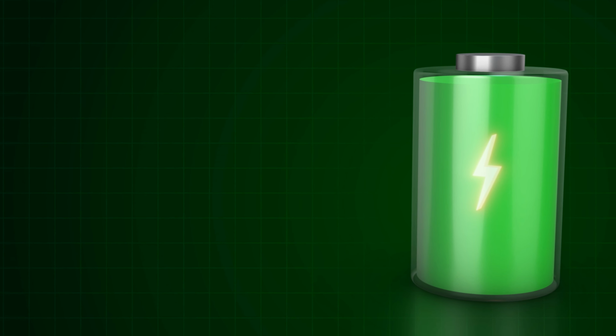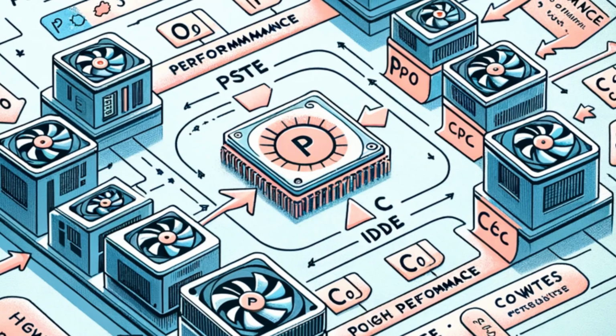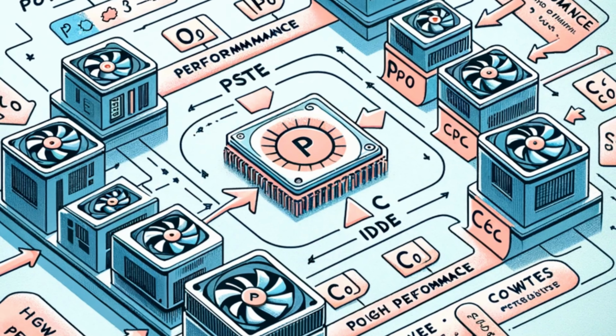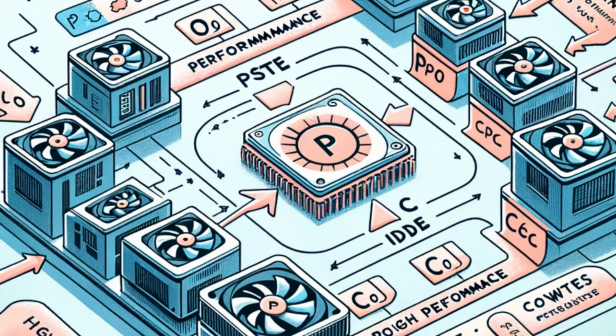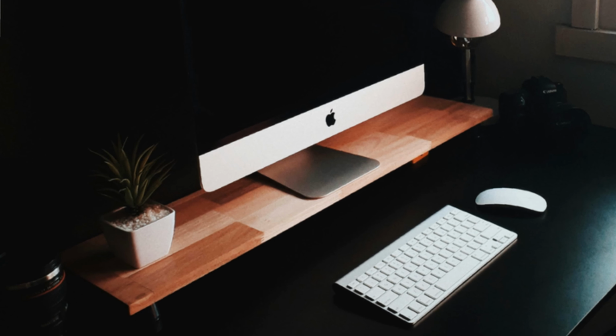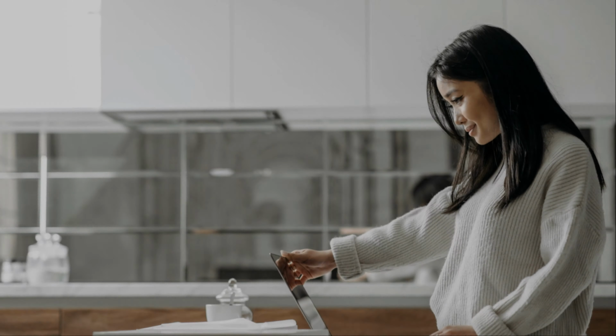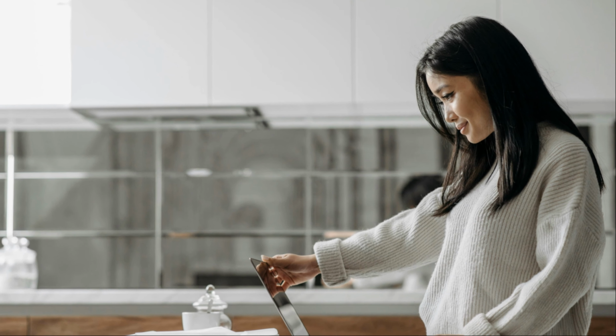P states, or performance states, are like different gears for the processor. Each P state represents a different voltage and frequency level, allowing the M4 to scale its performance and power consumption based on the workload. When the device is idle or under light load, the M4 can transition to a lower P state, reducing its clock speed and voltage to conserve power.